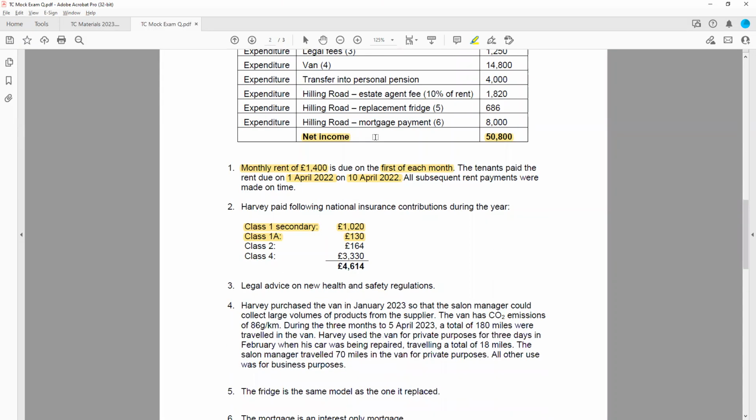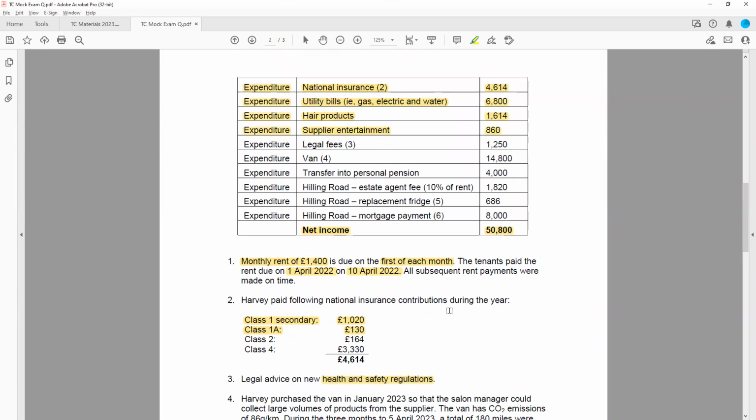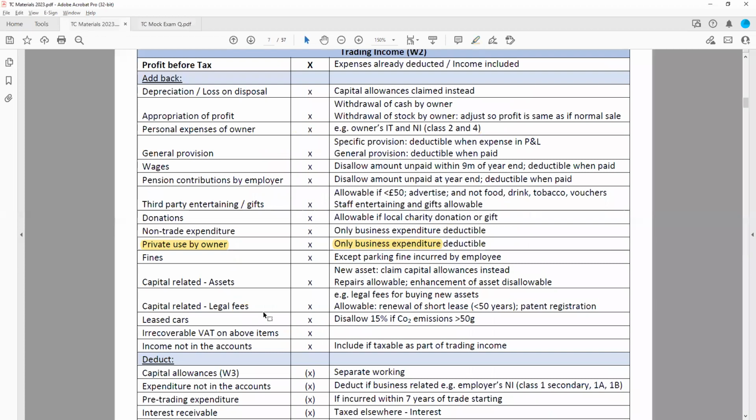So legal fees, got a note here: legal advice on new health and safety regulations. With legal fees, you have to think, is it capital related? Is it to do with buying a new asset or taking out a lease, although a renewal of a short lease is allowable? But is it taking out a new lease or renewing a long lease, or buying a new property?